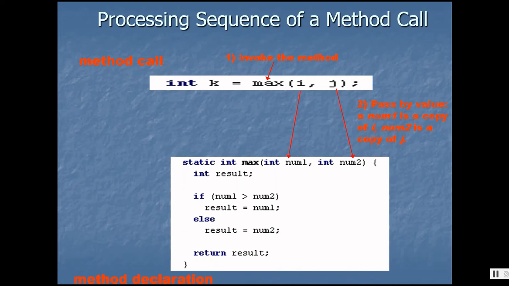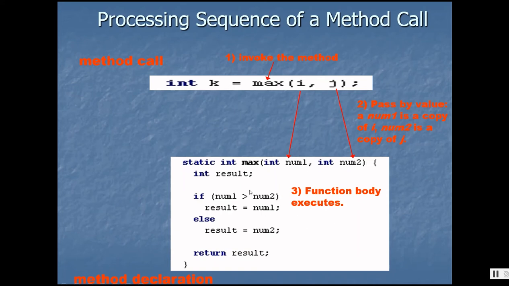And Java is strictly what's called a pass by value language. Anytime you make a call to a method, a copy of the argument that you pass is being received in the formal parameter. Once we've invoked and passed these arguments and they've been received as num1 and num2, the function body executes.